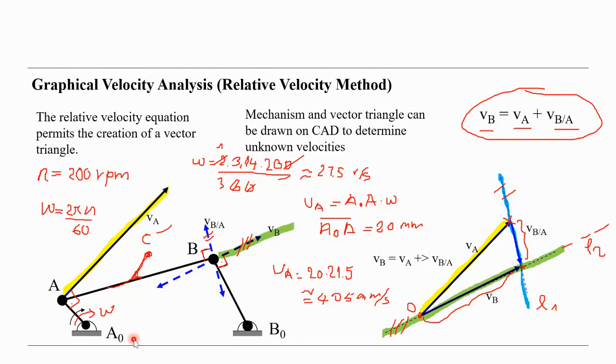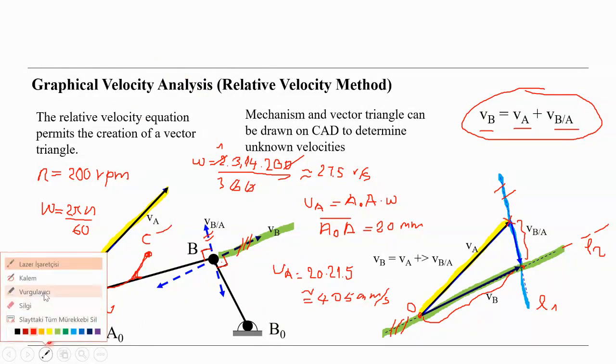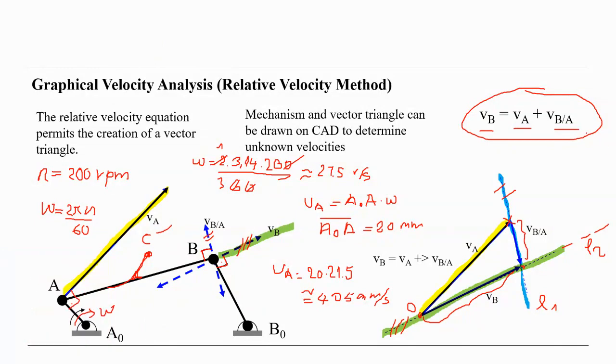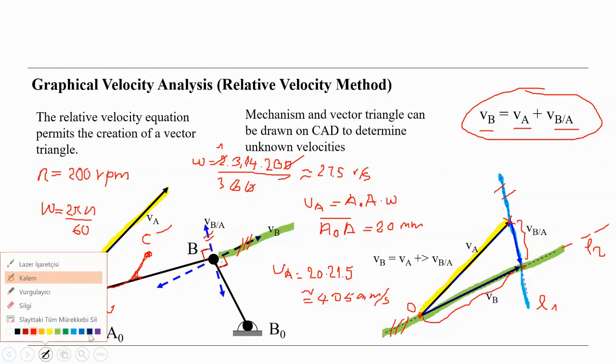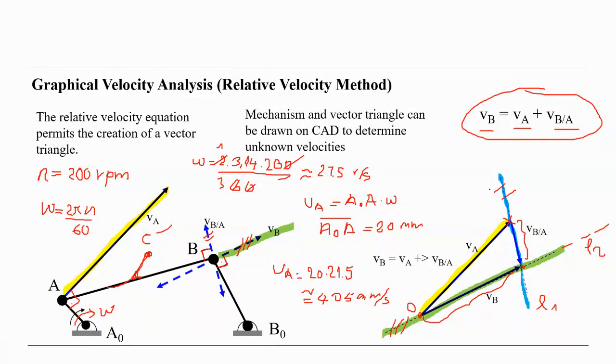So if we, for example, are interested in calculating the velocity of C, we have to write the same equations and act accordingly. Like we say, let's choose another color here, maybe this one, okay.